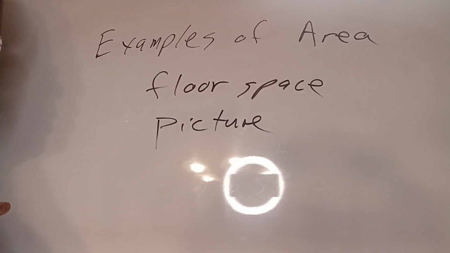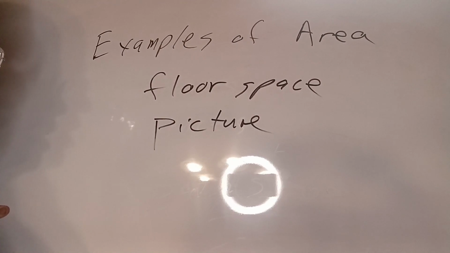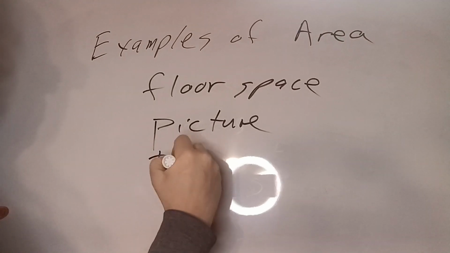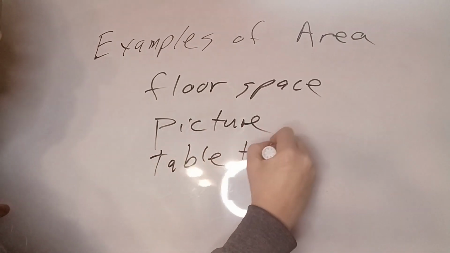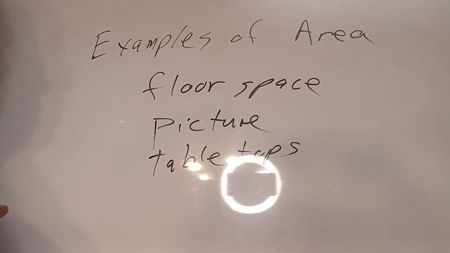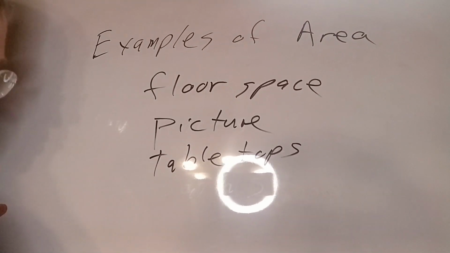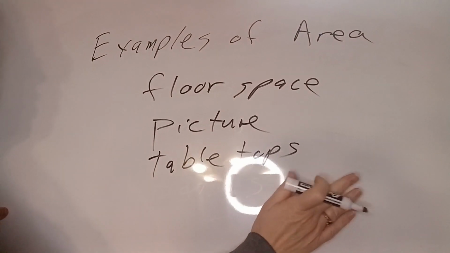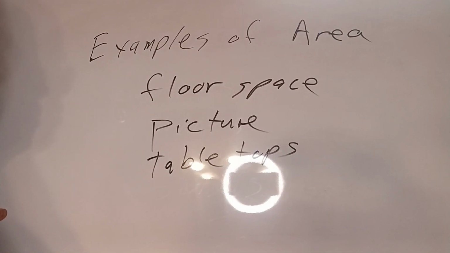If it's an 8 by 10, it's 80 square inches. Tabletops have an area. This board has an area. Things that have an area are surfaces.